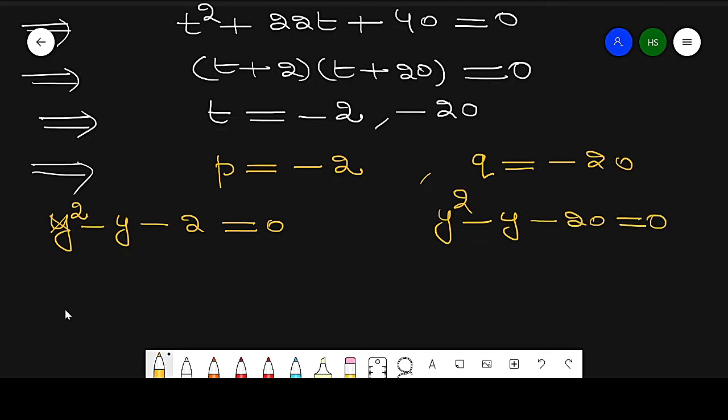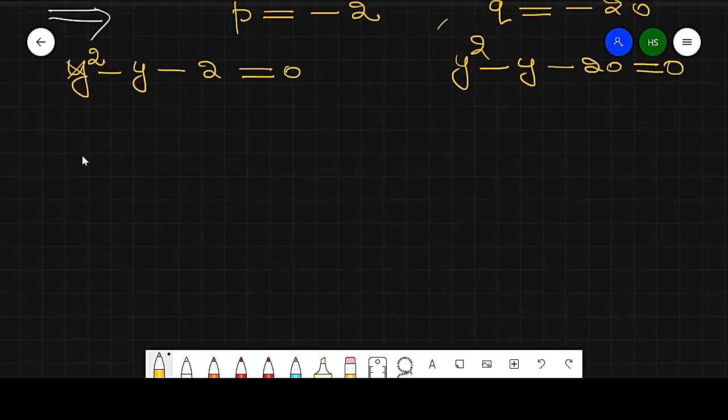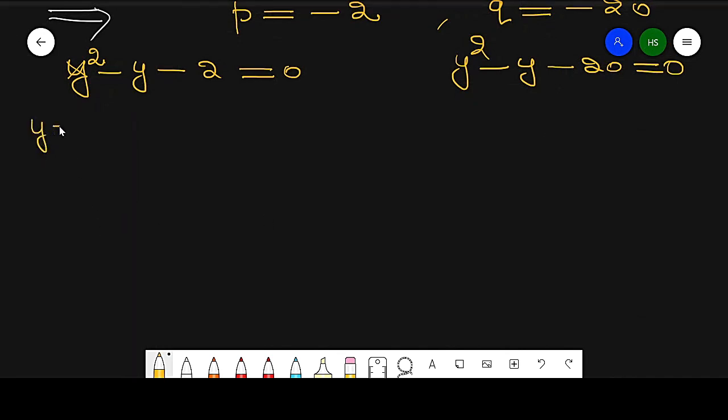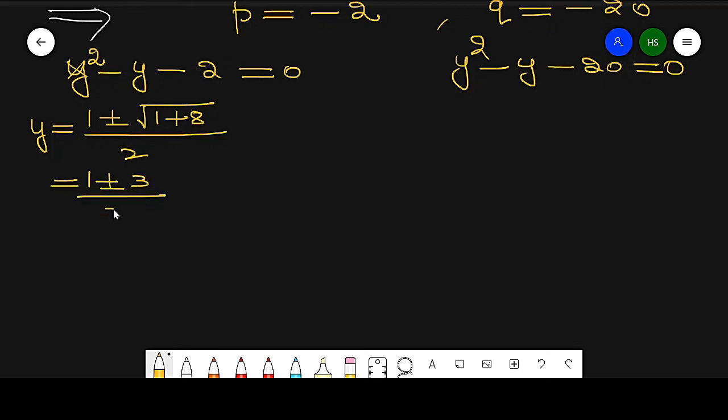So we get the roots of y from these equations. y is equal to 1 plus minus square root of 1 plus 8, by 2. So this is equal to 1 plus minus 3 by 2, which is equal to 2 and minus 1.